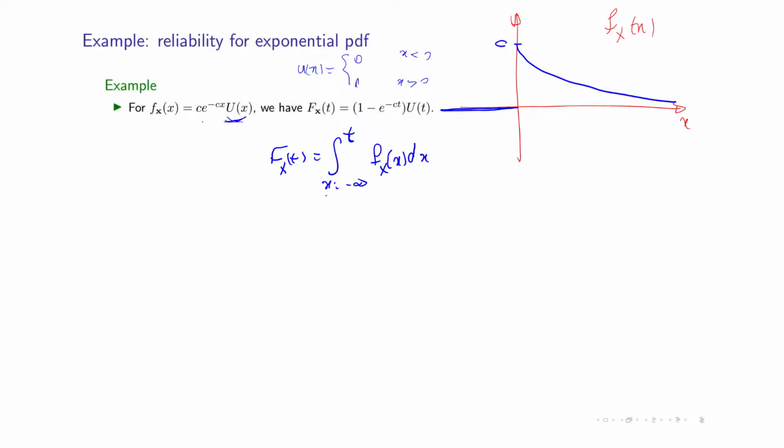Remember that this x is a dummy variable, this is a real variable, so you get this expression, which is your CDF. It is 0 for negative values. For positive values at t equals 0, you get 1 minus 1, so you get 0. And at t equal infinity, this becomes 0, and this 1 stays there, and this becomes 1.